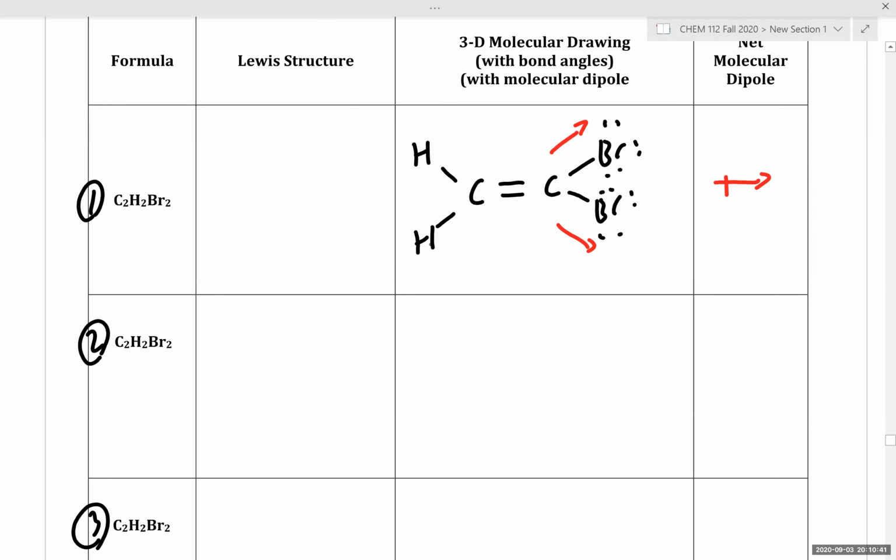Our second structure is the trans isomer. And in this case, as we notice, this molecule is symmetrical and our dipoles are arranged symmetrically.